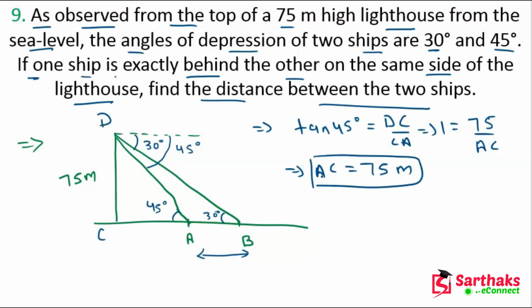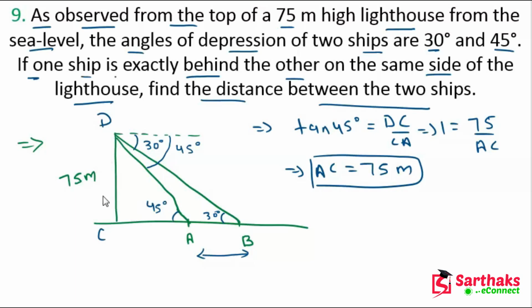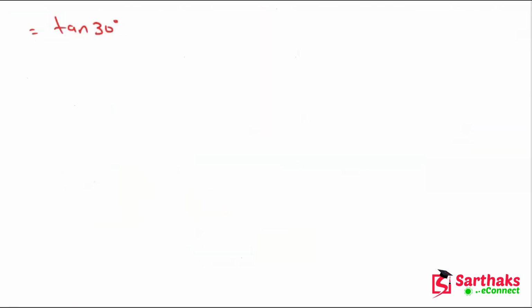Okay, my dear friends. So now tan 30. We can say that tan 30 is DC upon CB.